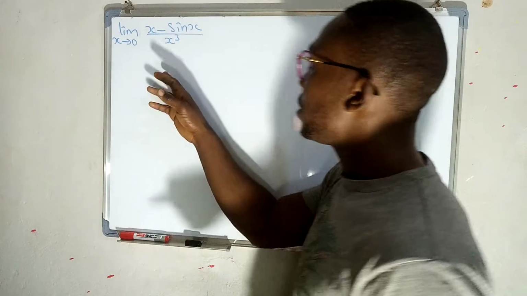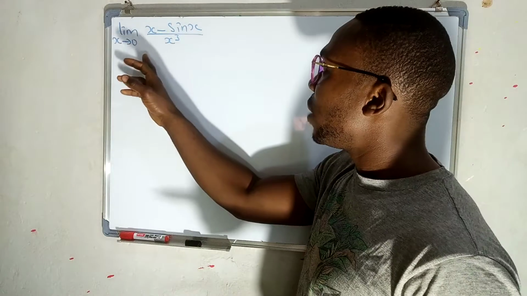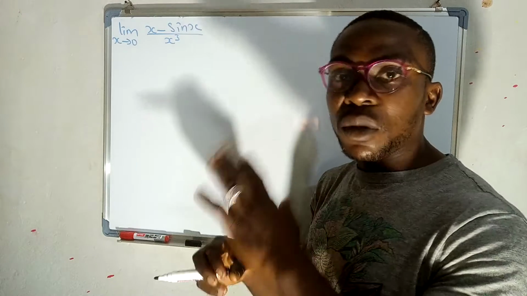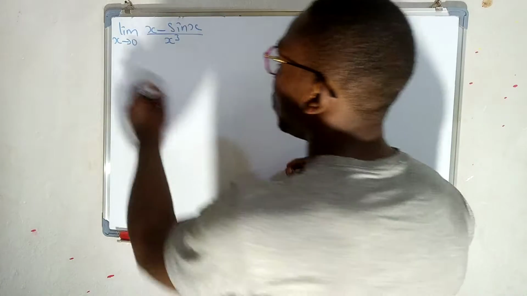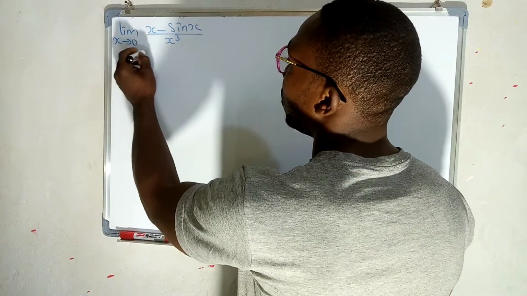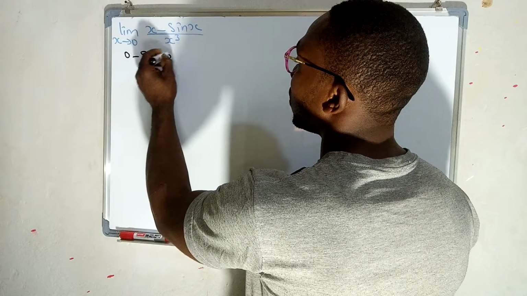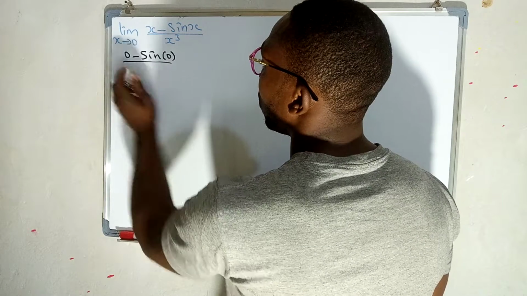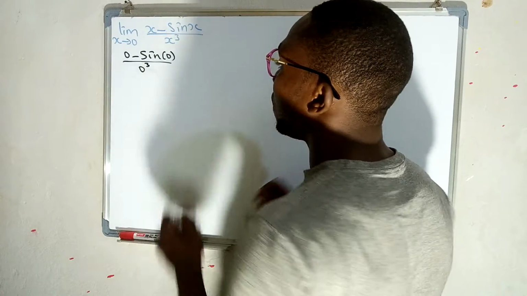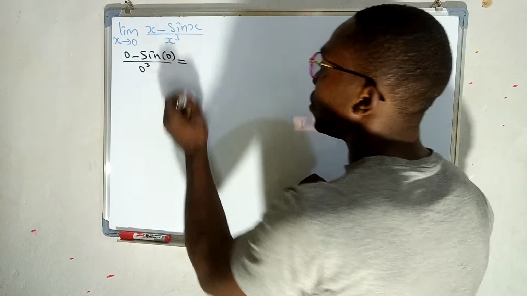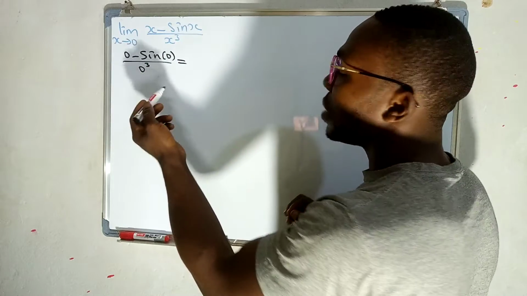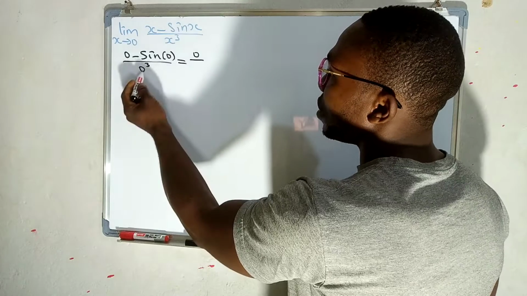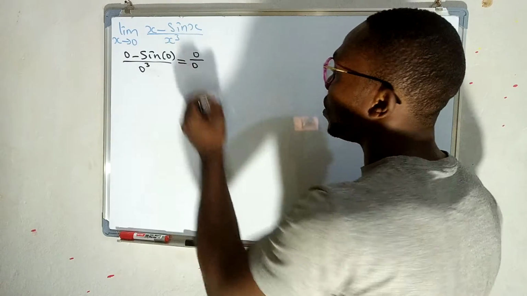Before we continue, remember, anywhere you see x, you plug in your 0. So we'll have 0 minus sine 0 all over 0 to the power of 3. Sine 0 is 0, 0 minus 0 is 0, and 0 to the power of 3 is 0.